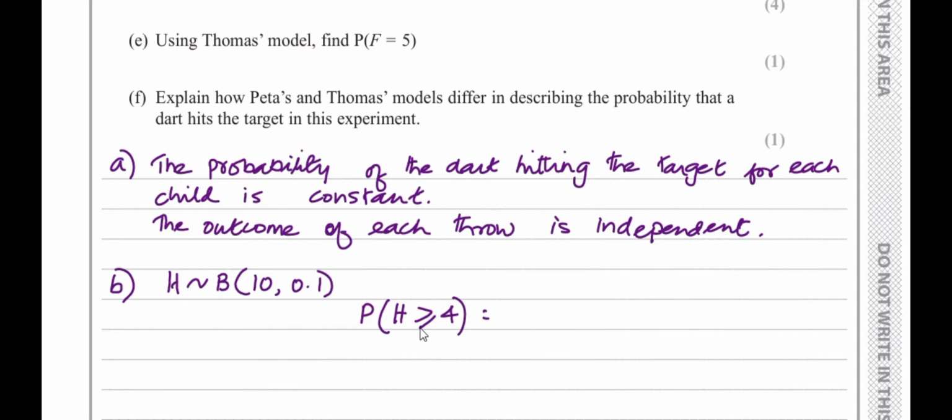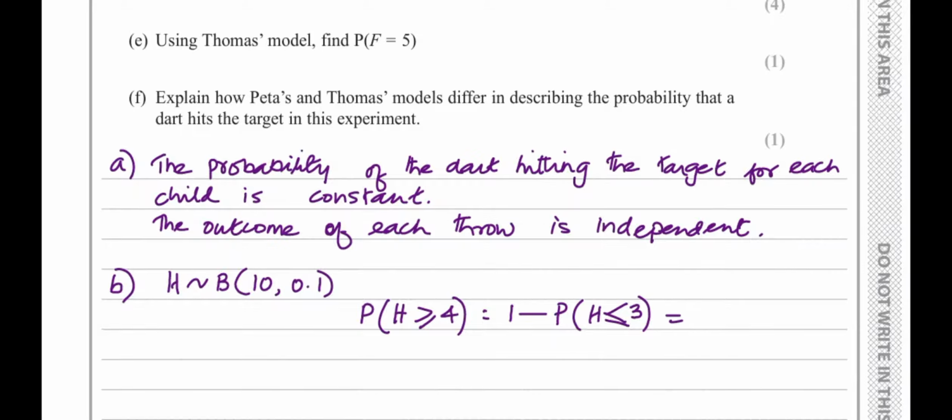If your calculator allows you to calculate probability of h greater than or equal to 4 directly, you could do that. Or in some calculators you may have to do 1 minus the probability of h being less than or equal to 3. Okay, so you could do that way also.